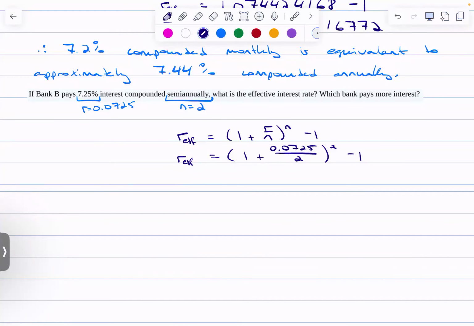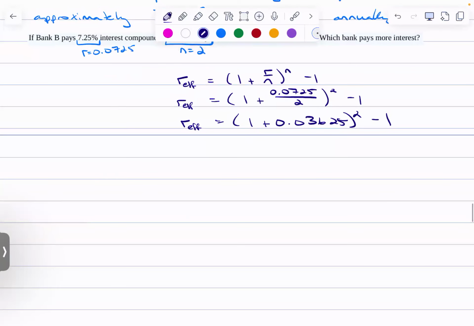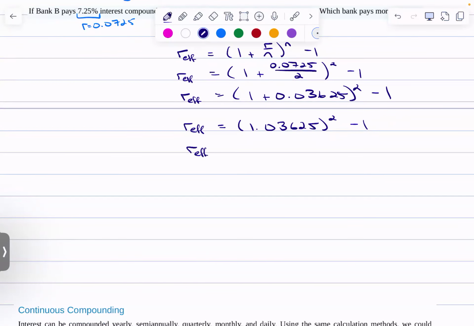0.0725 divided by 2 is, let's see here, 1 plus 0.03625, then to the power of 2, and then minus 1. 1.03625 to the power of 2 is 1.0738140063 minus 1.